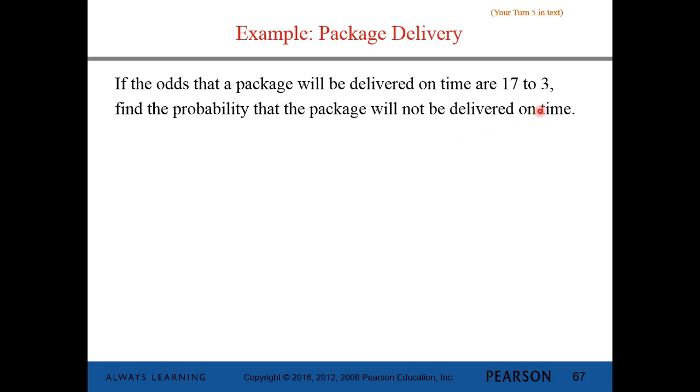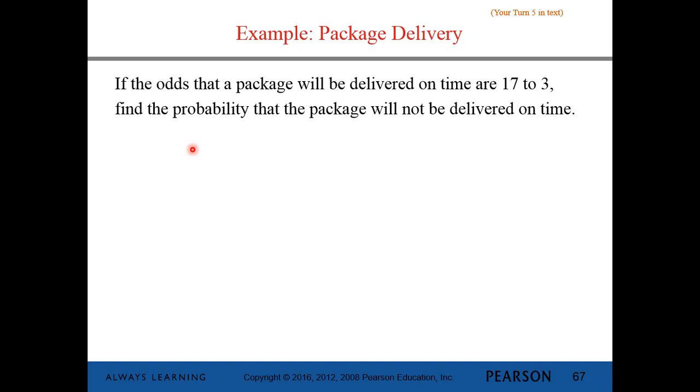That means the 3 is going to be on the numerator, because the odds are in favor of it being delivered on time. So 17 times it will be delivered on time, 3 times it won't. So this is going to be 3 divided by the total, which is 20. So 3/20 is the probability.